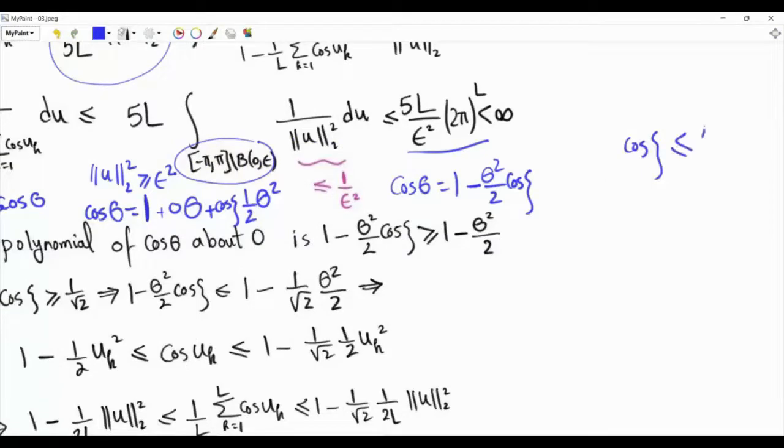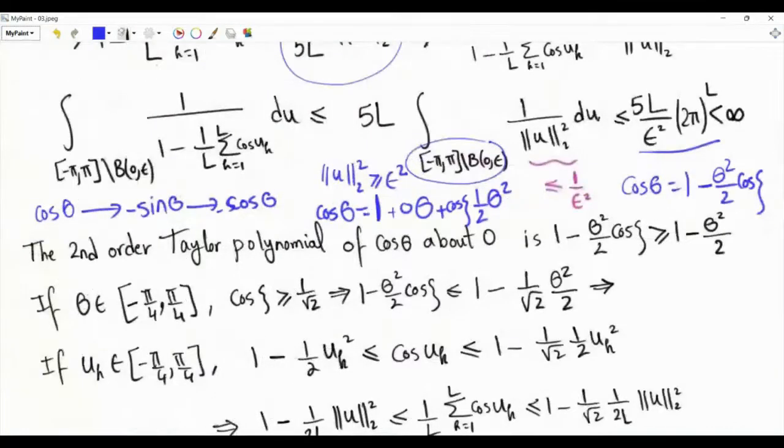Cosine zeta is less than or equal to 1, and minus theta squared over 2 is non-positive. So if we multiply both sides of this inequality by minus theta squared over 2, we get minus theta squared over 2 cosine zeta greater than or equal to minus theta squared over 2. We add 1 to both sides. And so we have 1 minus theta squared over 2 cosine zeta is greater than or equal to 1 minus theta squared over 2.